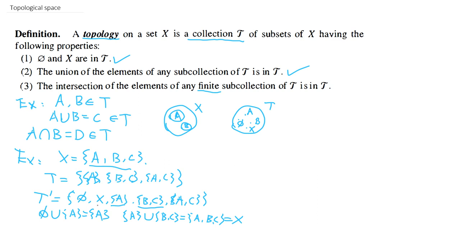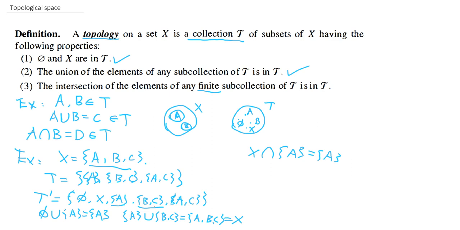If we do the intersection of X with other elements, we get the other element back, then it should be in T prime. For example, if we intersect X with A, the result is A itself. So it is still in T prime, so no problem.